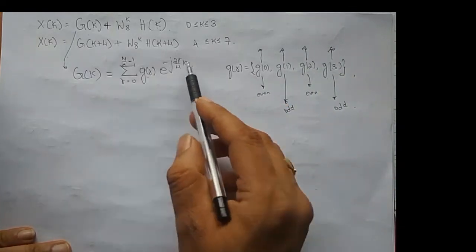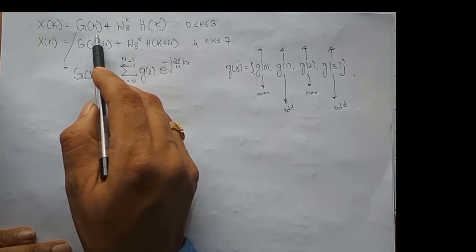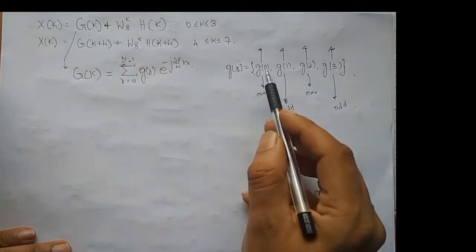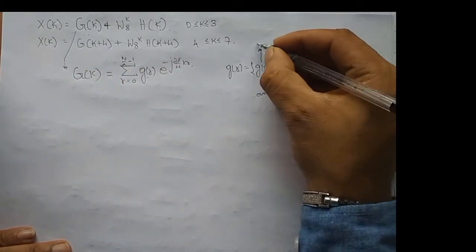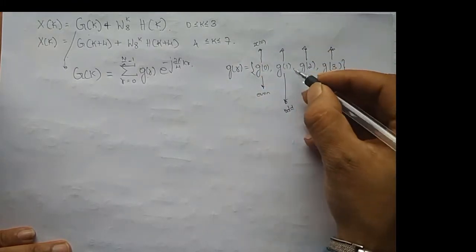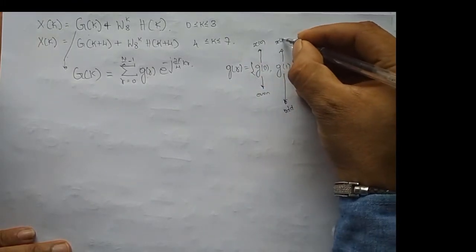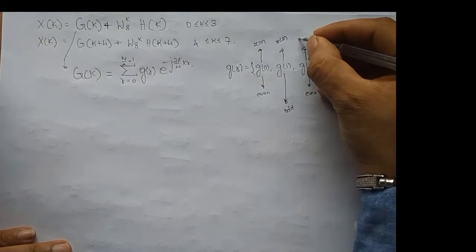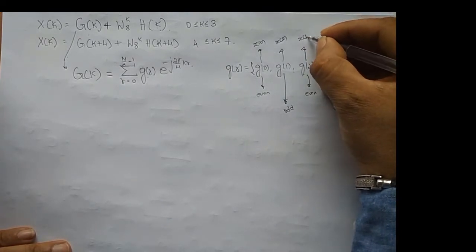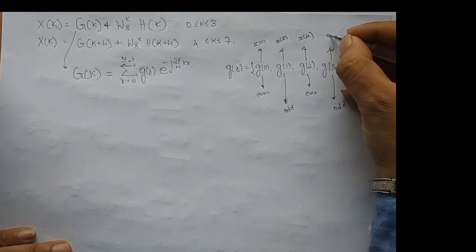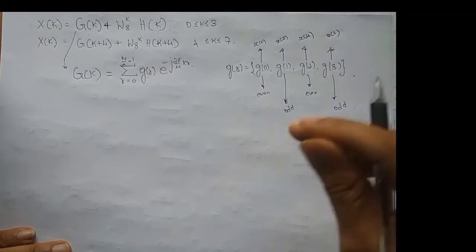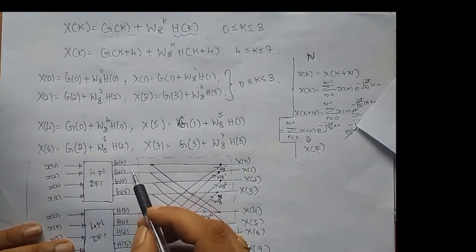So this g of k is for what? All the even index sequence, right? So therefore g of 0 is nothing but x of 0. g of 1 is nothing but x of 2. g of 2 is nothing but x of 4, and g of 3 is nothing but x of 6. Right?